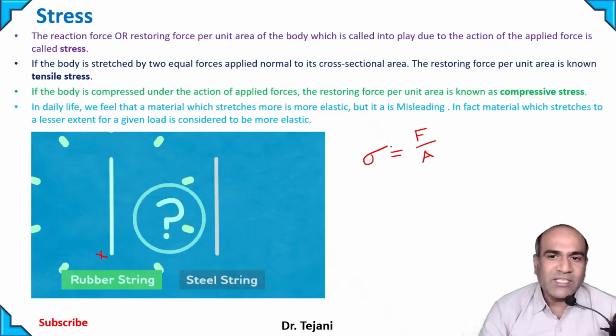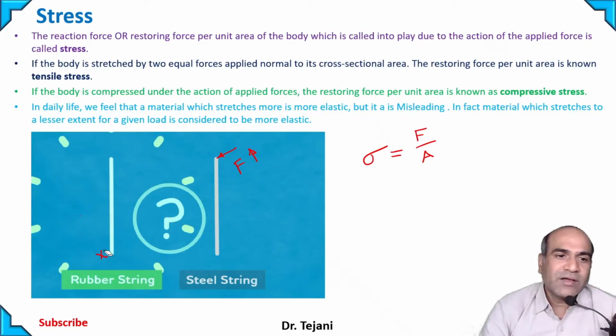So sigma is equal to force divided by area. For a similar area, we need a much higher force for steel compared to rubber. For example, if we apply 1000 Newton, steel can still withstand the 1000 Newton load.